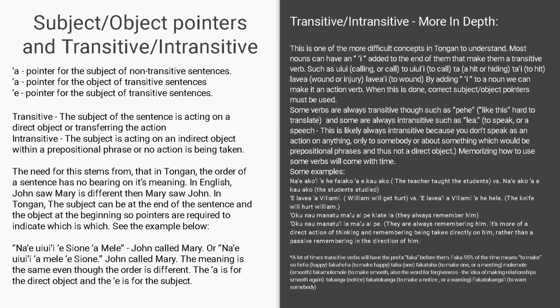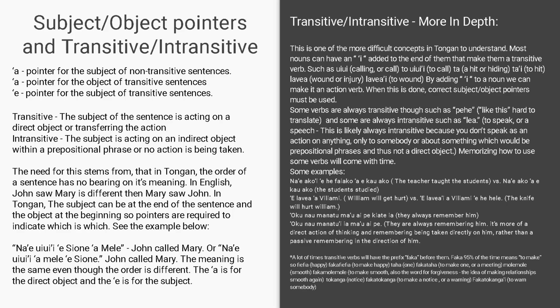The need for this stems from that in Tongan, the order of a sentence has no bearing on its meaning. In English, if you said John saw Mary, this is different than Mary saw John. In Tongan, though, the subject can be at the end of the sentence and the object at the beginning, so pointers are required to indicate which is which. See the example below. Naiwiwi e sione a mele. John called Mary.